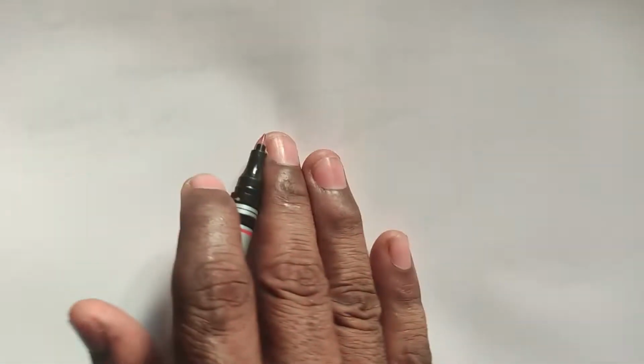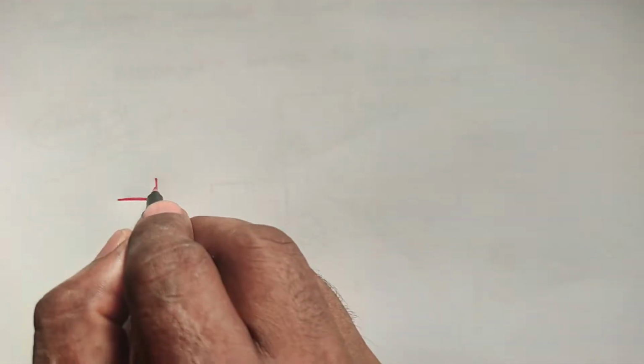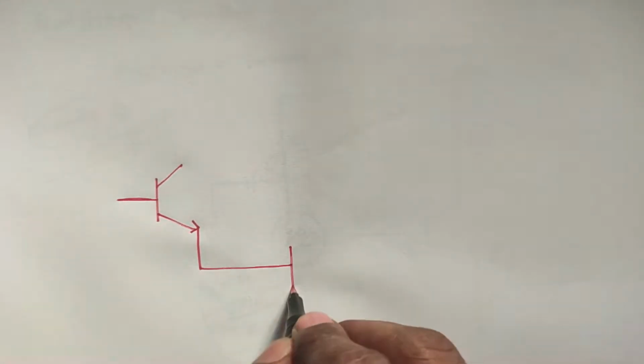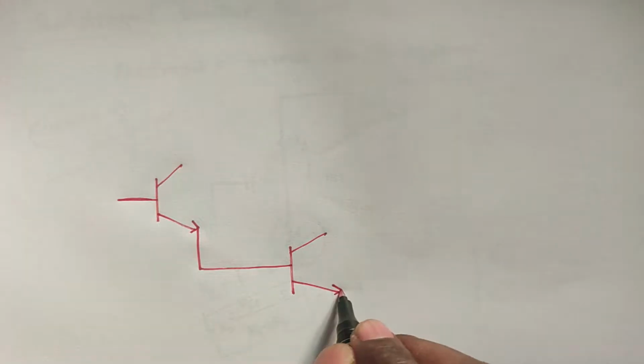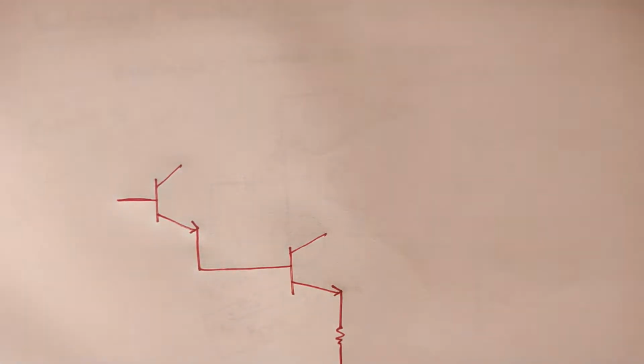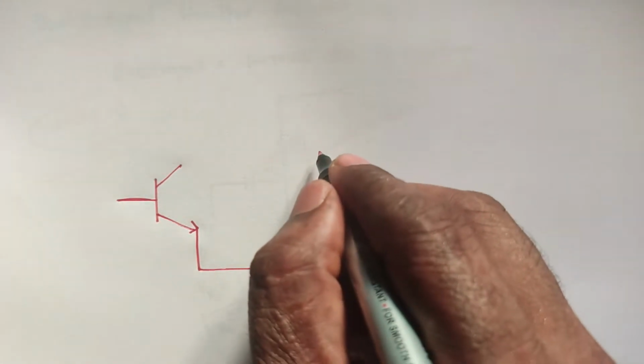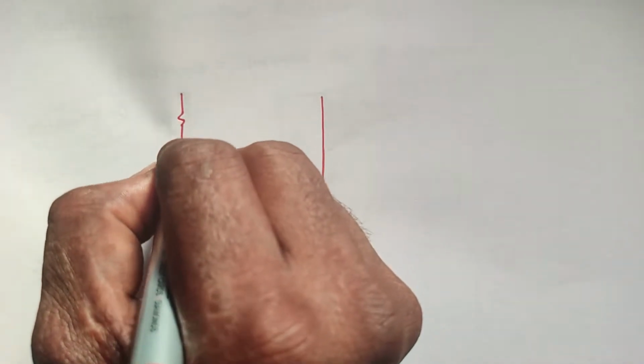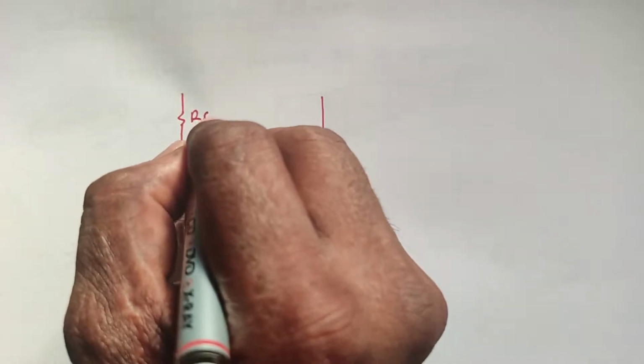The bootstrap amplifier circuit diagram is generally the same circuit diagram. This is the first transistor. The first transistor output is connected to the second transistor, and the second transistor input is this, and we have the ground, and connected from that is RC.